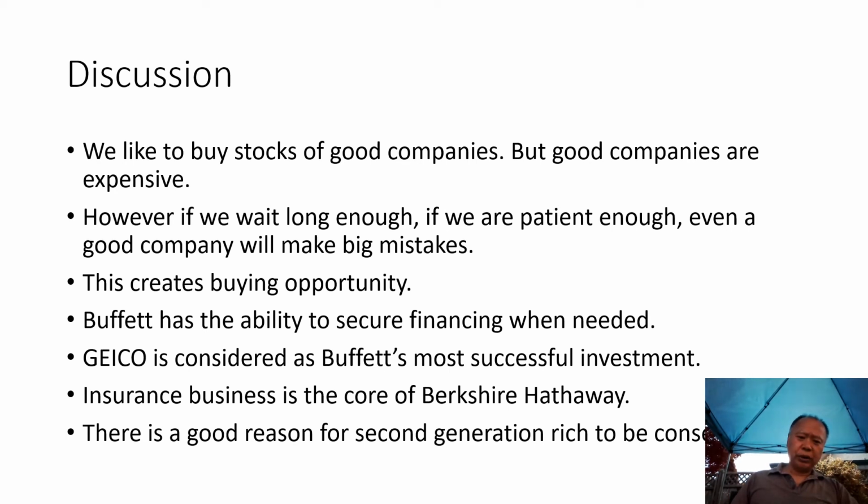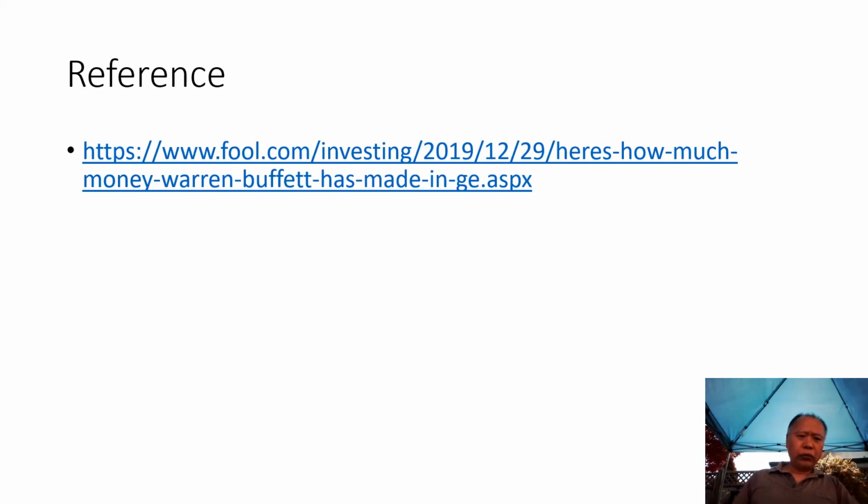The insurance business is the core of Berkshire Hathaway, and there's good reason for second-generation rich to be conservative. For further reference on the GEICO investment, please check the following article.